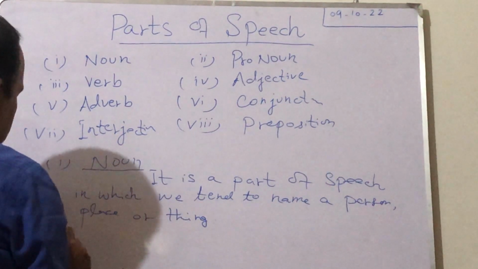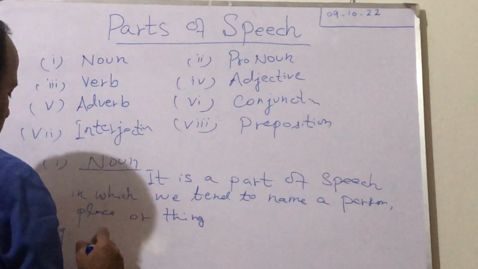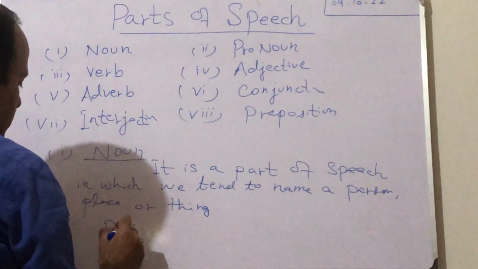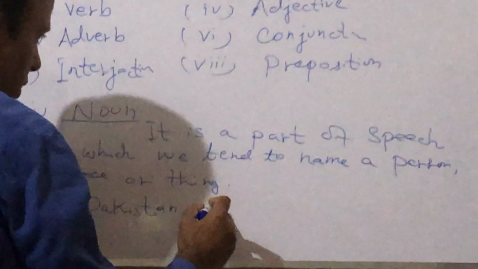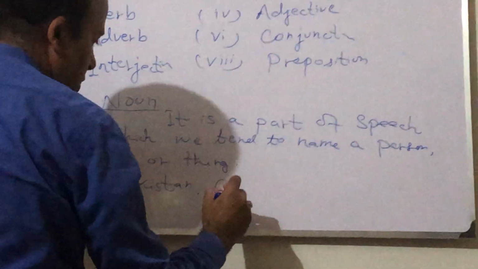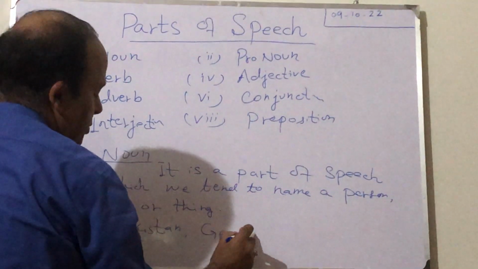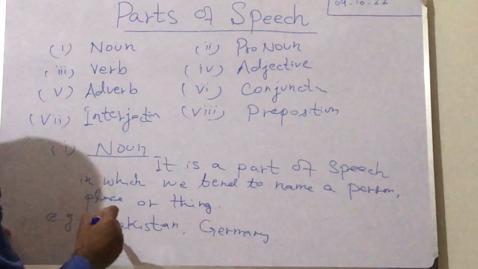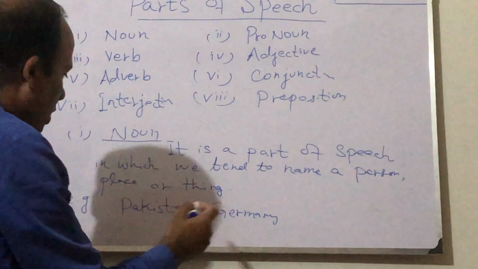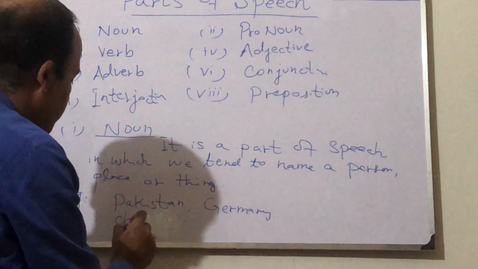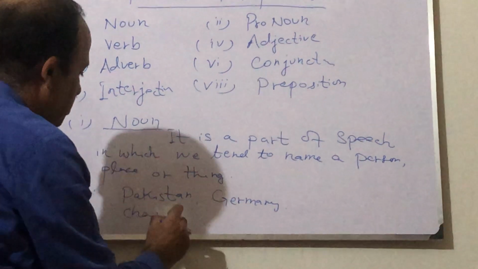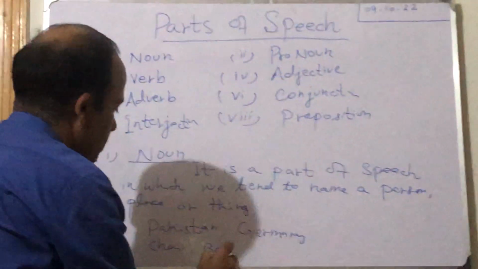Examples are like Pakistan, Germany, these are countries. Anything like chair, which is a common noun, book is a common noun.